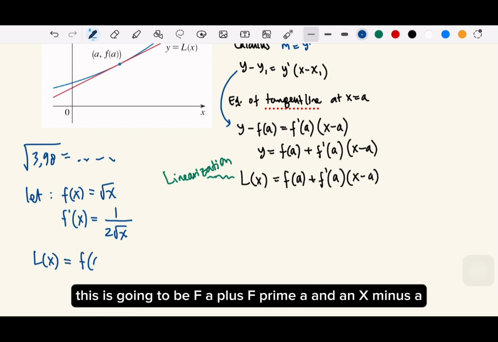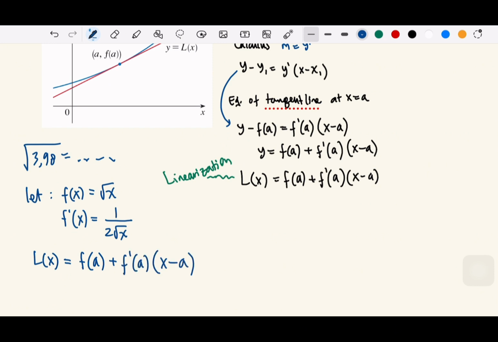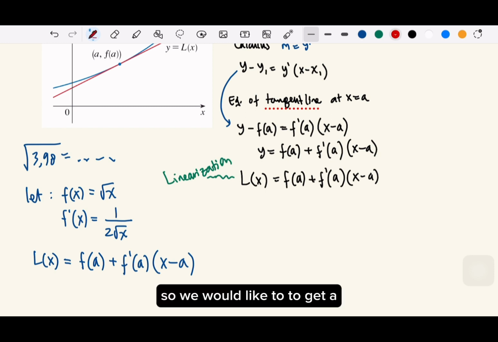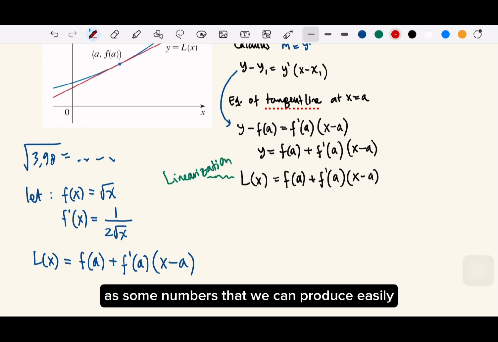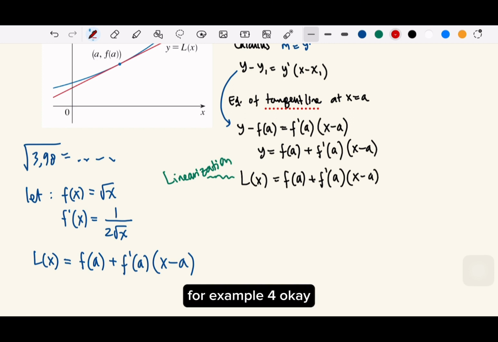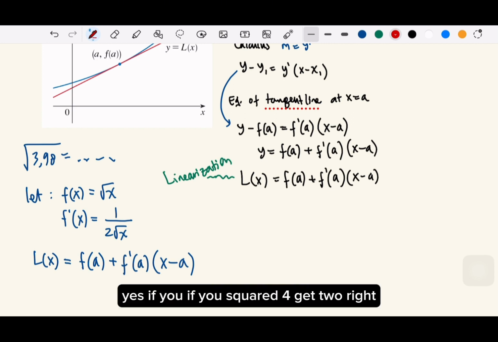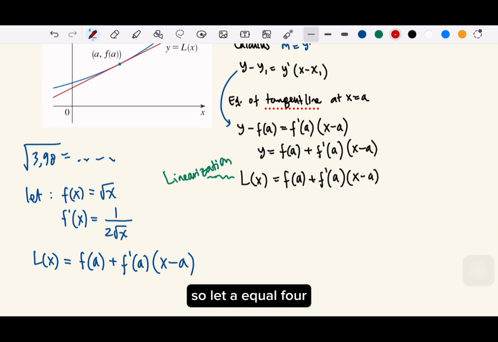This is going to be f of a plus f prime a times x minus a. So we would like to get a as some number that we can produce easily. For example, 4. If we take the square root of 4, we get 2, right? So let's take a equal to 4.